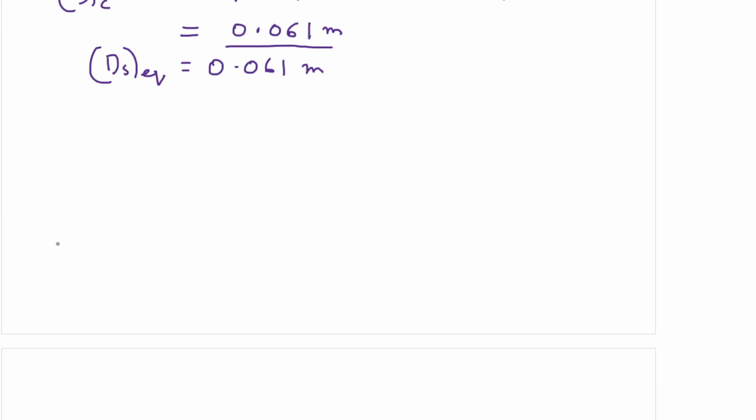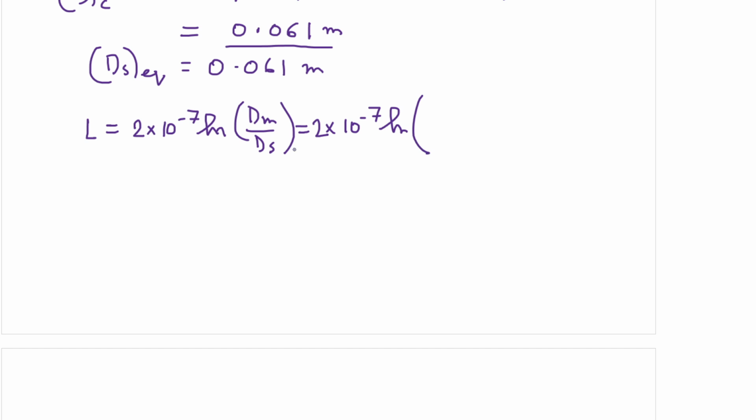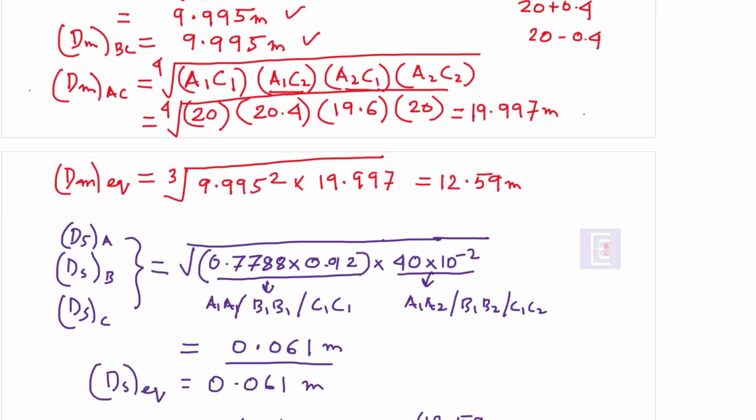So now we have come to the final stage. What is L? L, as you know, is 2 into 10 to the power minus 7 ln Dm by Ds. So we write 2 into 10 to the power minus 7 ln. What is Dm? Dm is 12.59. Let me check. Yes, it is 12.59.